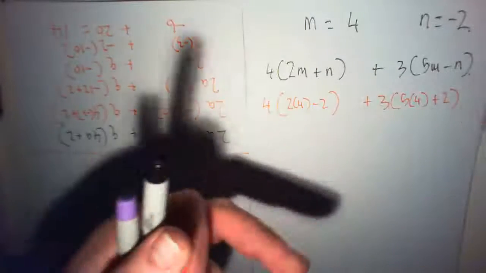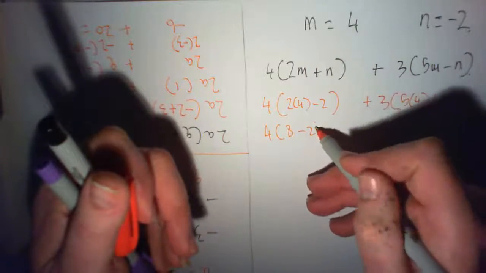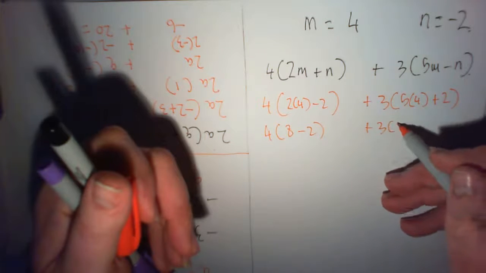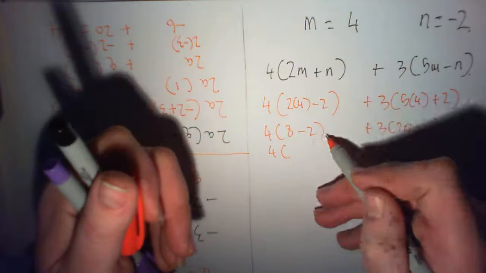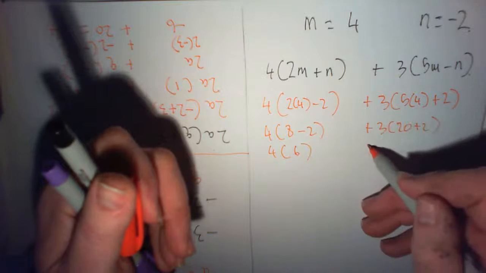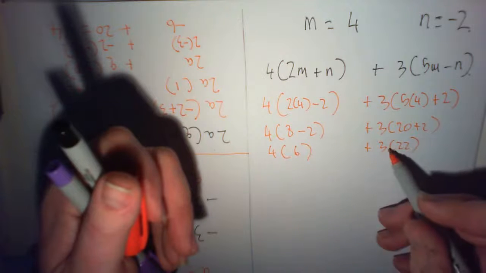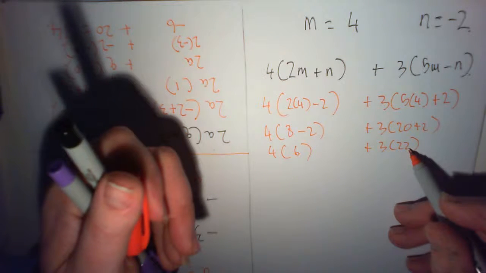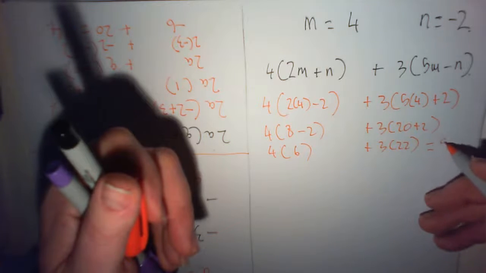When they come together, they make a plus. So that's 4 times 8 minus 2 plus 3 times 20 plus 2. That's 4 times 6 plus 3 times 22. That's 24 and 66. Isn't it? Yeah, 24 and 66 is 90.